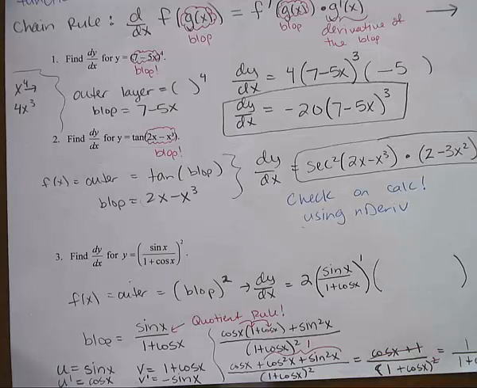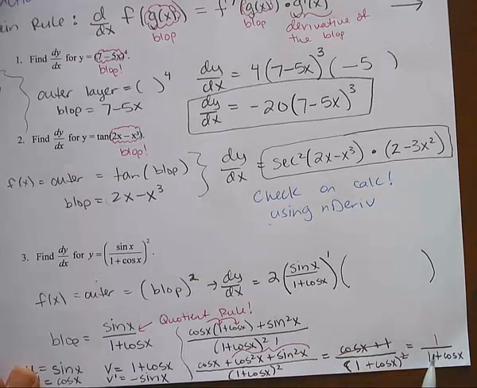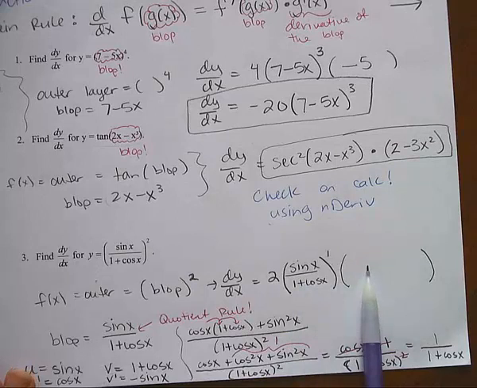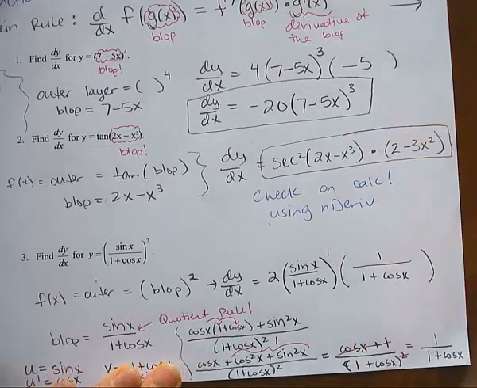So after that headache of quotient rule, this right here would be the derivative of the BLOP, the derivative of that inside function. So I multiply that derivative to the outer layer. So this was like the f prime of g, and now I'm going to multiply that by g prime of x. So that's 1 over 1 plus cosine x.